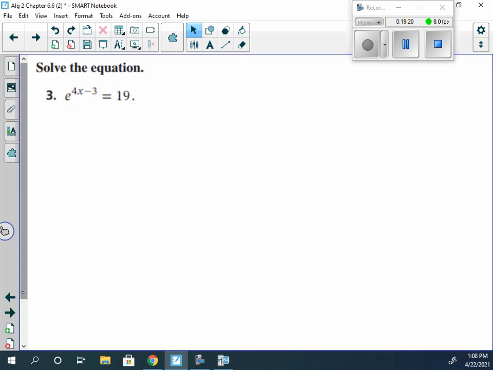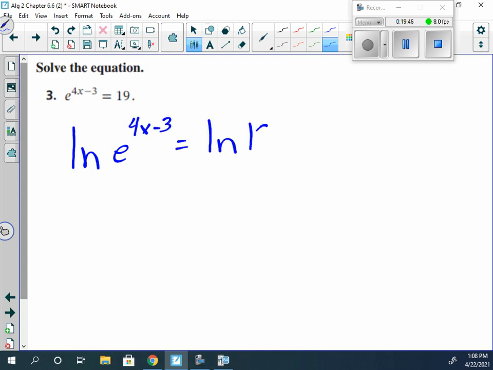So when we look at this one here, e to the 4x minus 3, is e by itself? Well, yeah, there's nothing being added or subtracted to it, because the only subtraction that we do have is in the exponent, so we don't worry about that now. But since e is by itself, we can go on and apply natural log to both sides, because I don't want anything multiplied by e, and I don't want anything being added to it.